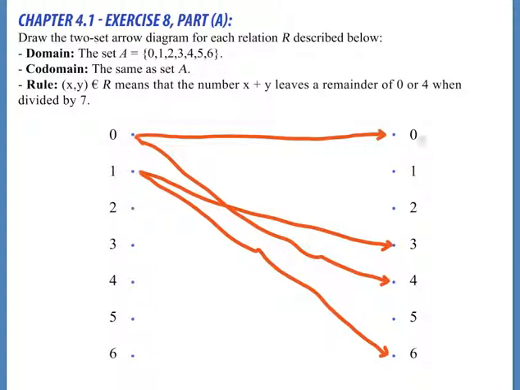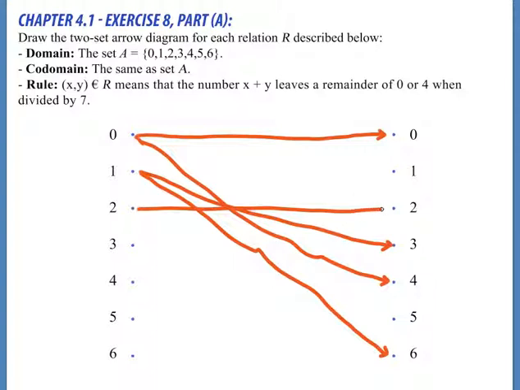So 2 plus 0 is 2 divided by 7. There's no remainder of 0 or 4, so we don't connect there. 2 plus 1 is 3, still no remainder of 0 or 4. 2 plus 2 is 4 divided by 7, there will be a remainder of 4, so that connects.